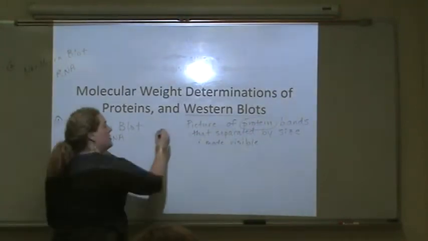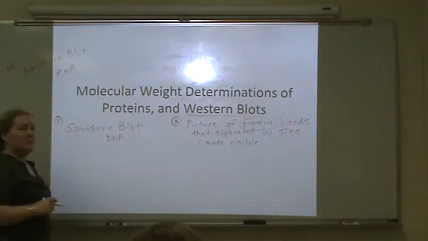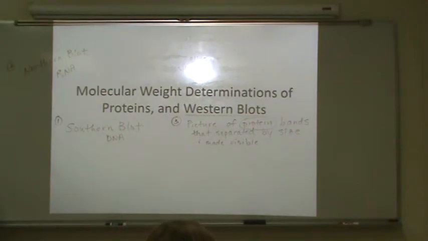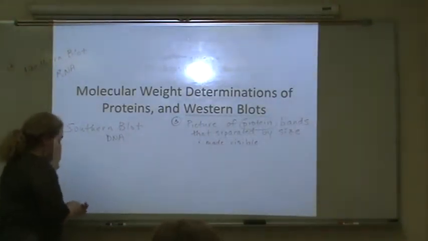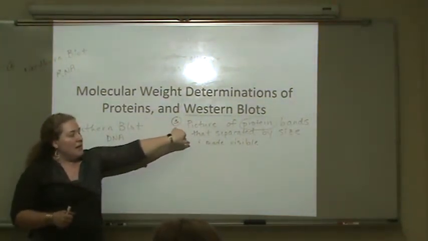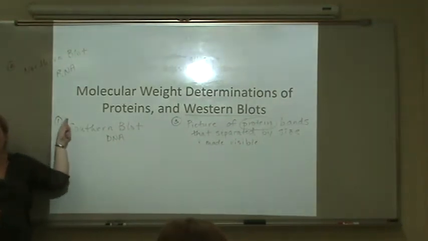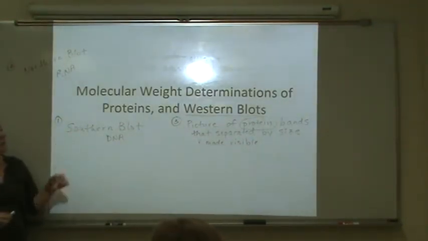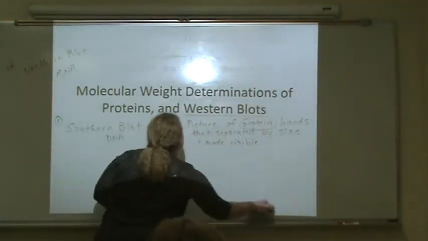And then Western blots were developed third, and they kept on with the directional naming, even though by that point, what does Western have to do with protein? It doesn't. But that's how it got its name. So the process that I'm going to describe today is specifically how to make a Western blot, but a lot of the same steps are involved generally in making Southern blots and Northern blots as well.